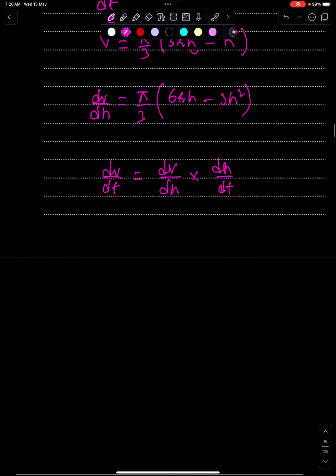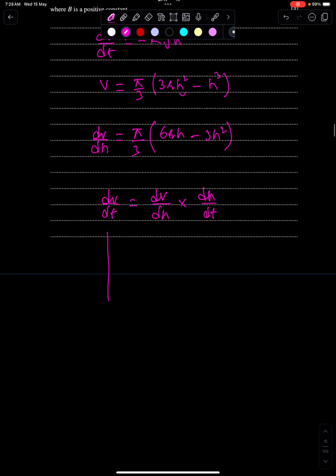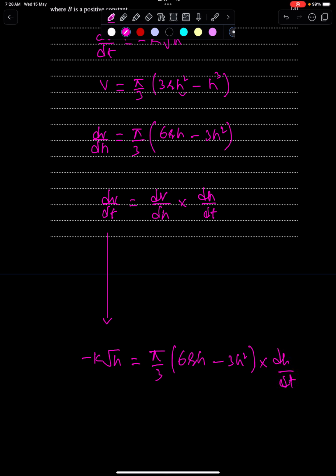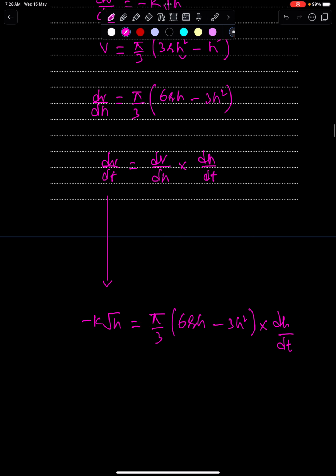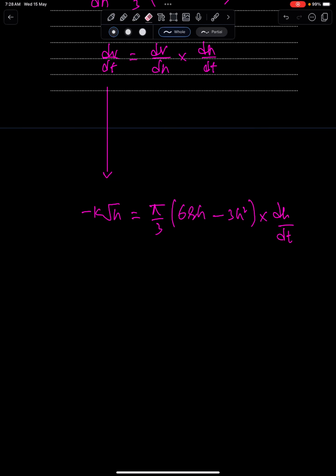Now substitute the values of all into chain rule. So dv upon dt is minus k root h, dv upon dh is pi upon 3, 6rh minus 3h square. Copy dh upon dt. Now make dh upon dt the subject.